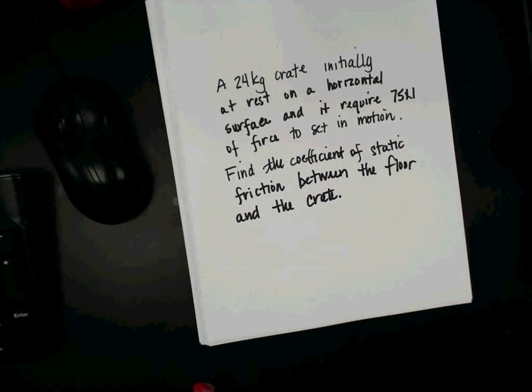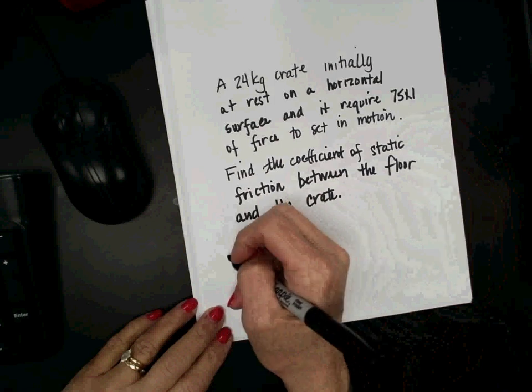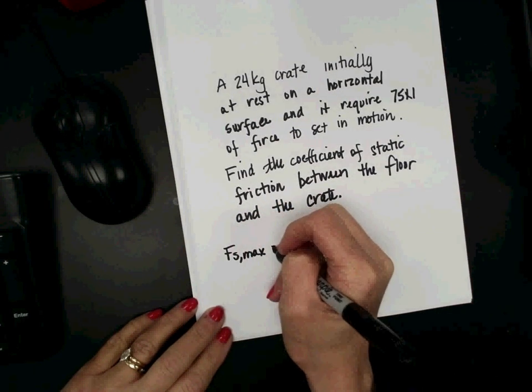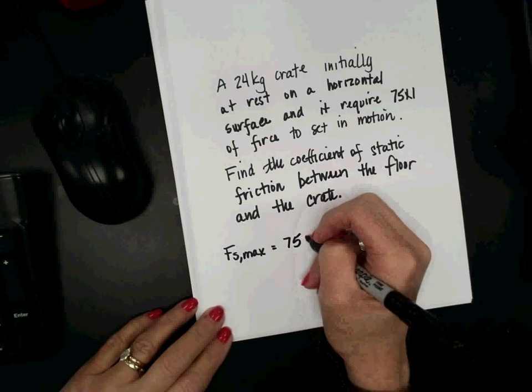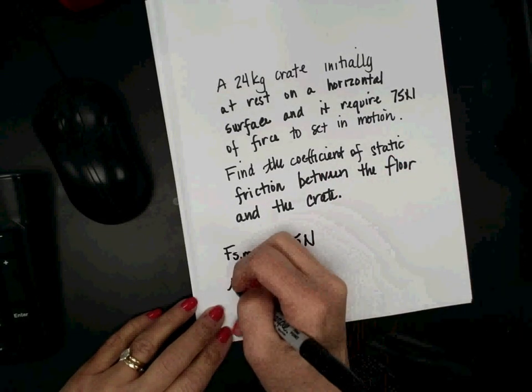So I'm asking you now to apply one of the formulas that we've talked about. What do I know? I know what my force of maximum static friction is, because that's what it requires to set it in motion. So I've got Fs max equals 75 newtons.